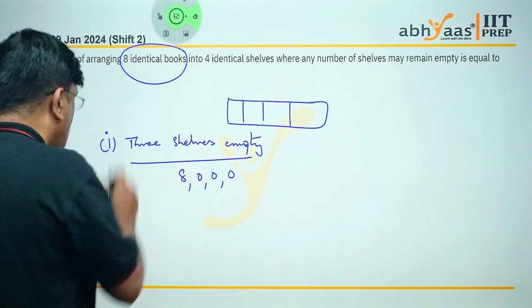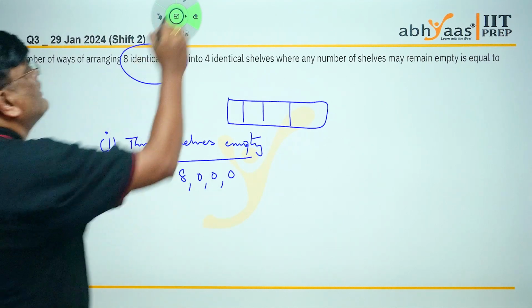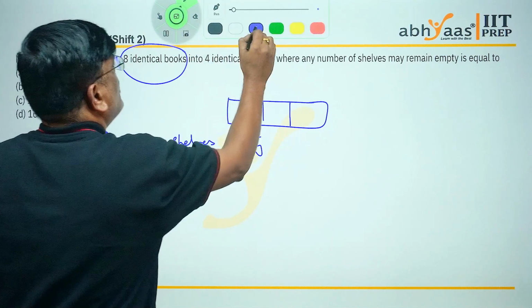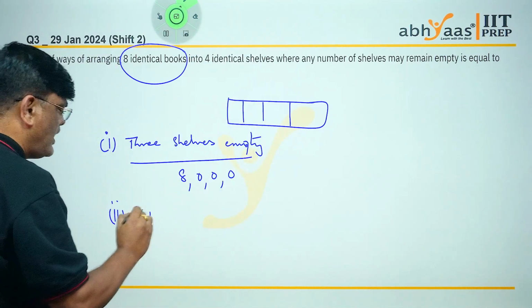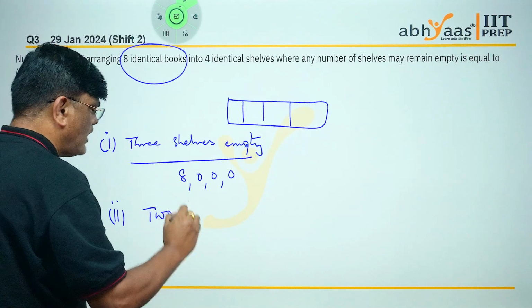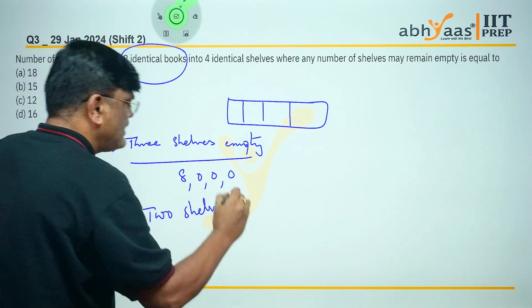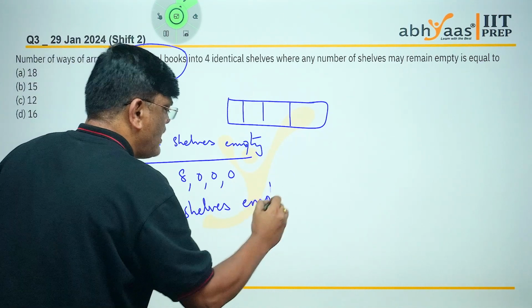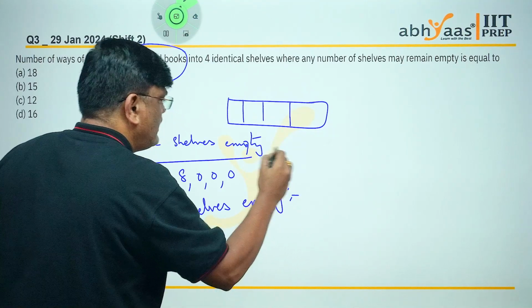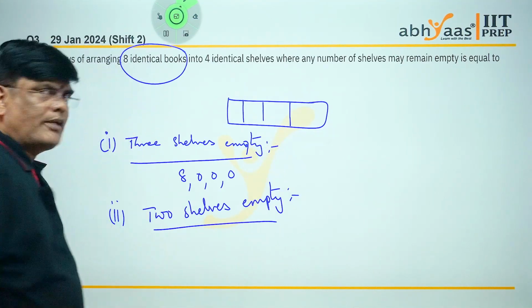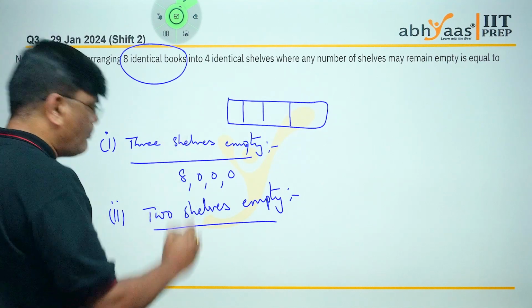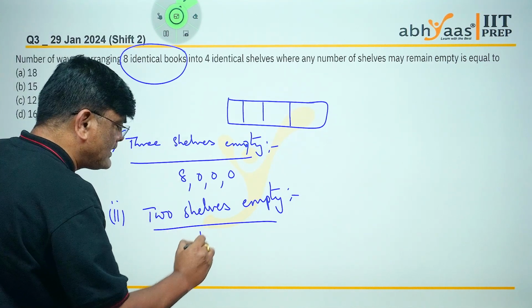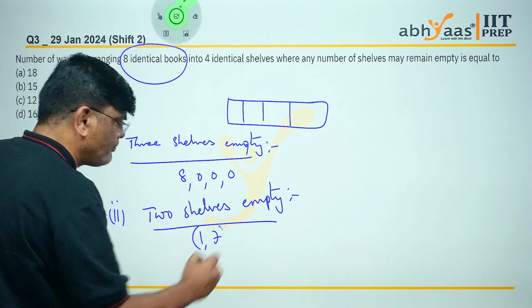Okay, next now I am taking another case. For example, I am keeping 2 shelves empty. Now in this case, 2 shelves empty means I can write, for example, 1 7. This is one way.